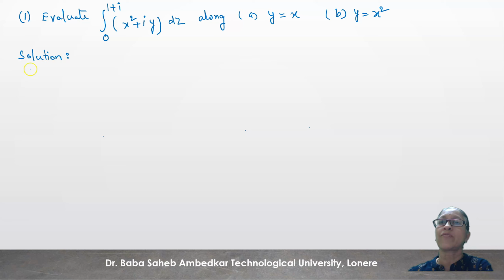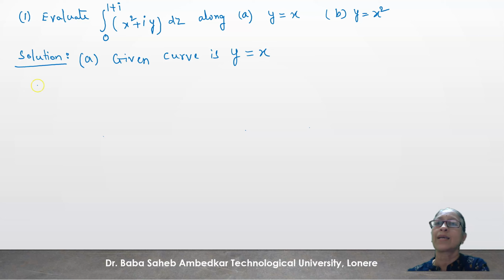So according to our working method, first we have to observe the equation of the given path or given curve. So here the first given curve is y equal to x. Okay, here the first step is to observe the given curve. In the second step, convert the integrand into x terms or y terms.